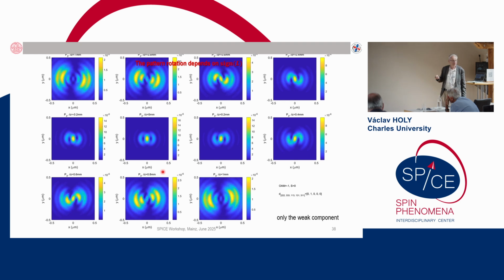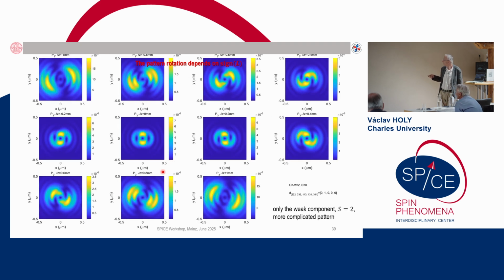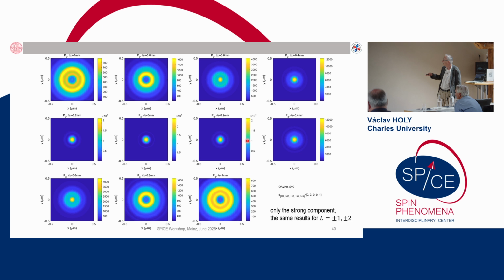If we have OAM -1, then the rotation is opposite, of course. If we have OAM 2, the pattern is more complicated. There is some rotation, the pattern changes. This butterfly shape pattern somehow changes, making such a swirl, or however to call it.